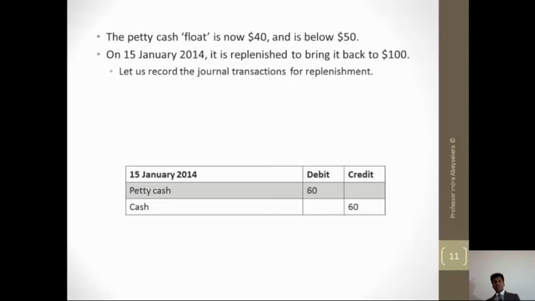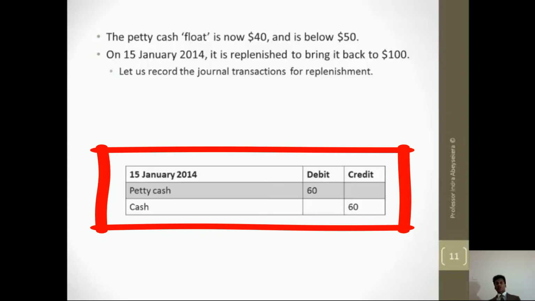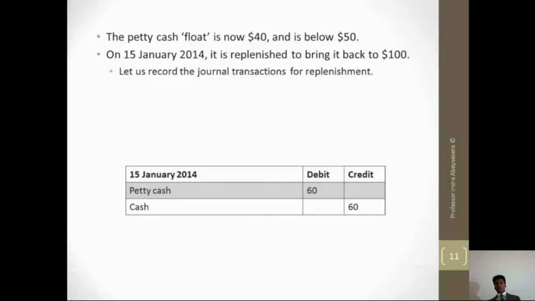In this instance, when the float became $40, it is being replenished back to $60. So cash is being withdrawn for $60 and the petty cash is increased by $60. So debit petty cash to increase petty cash and credit cash to decrease cash.